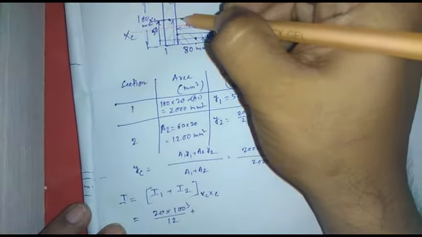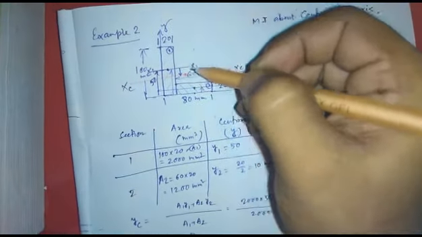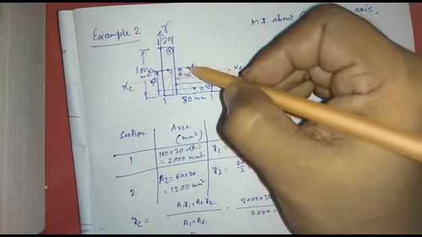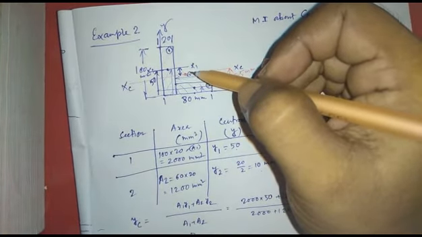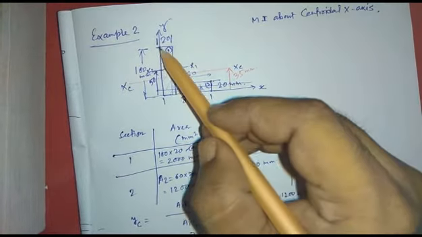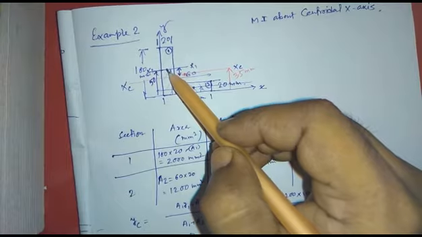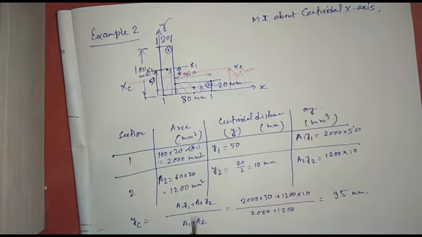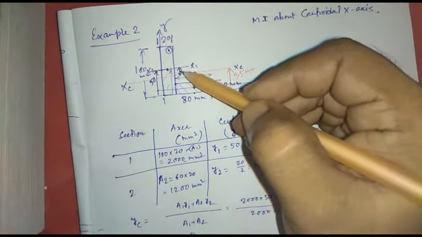Because I need to use the parallel axis theorem here. So I need to mark the distance between these two axes. So the moment of inertia of this rectangle about its own axis plus the area of the rectangle, 2000, into the square of the distance between these two axes.